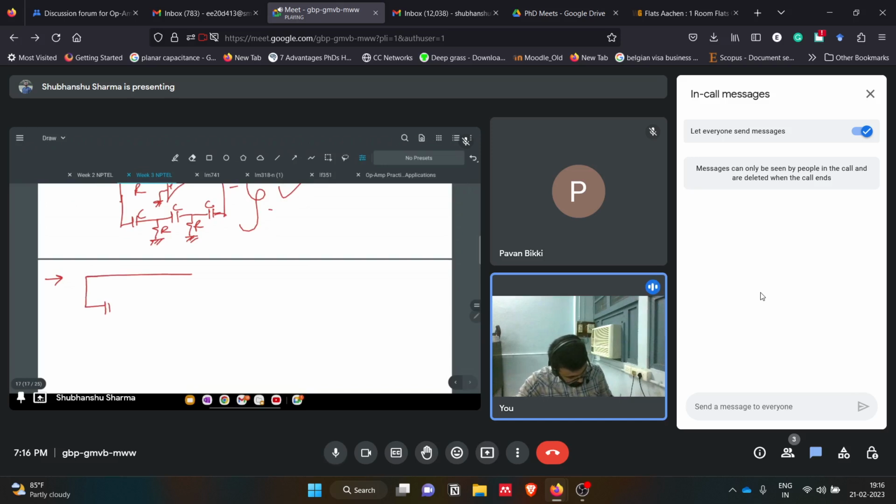We can make the circuit like this: capacitor, then one more capacitor, then one resistor, then minus, plus.